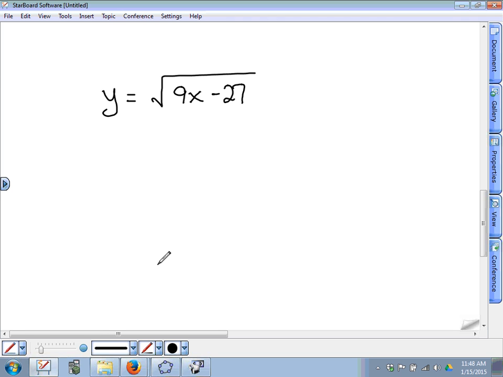Once you see what you need to do, it's pretty easy. It's not that big a deal. Write exactly what I write. You okay so far with that? All I did is factor out a 9, but notice I kept it inside the square root.